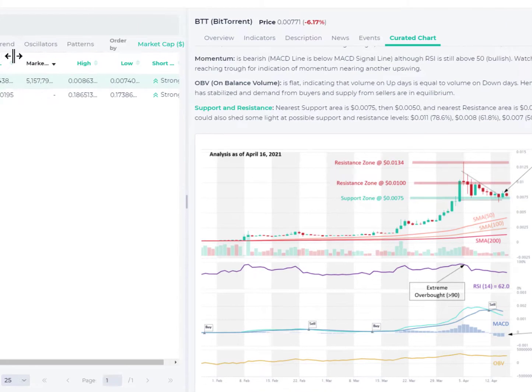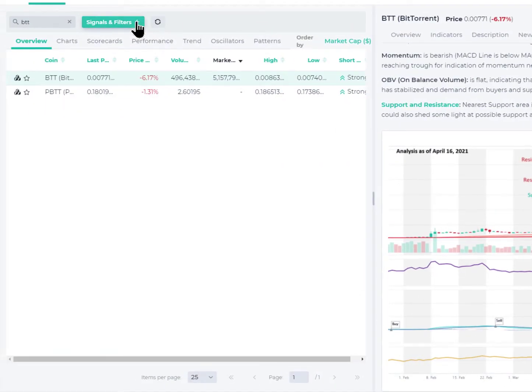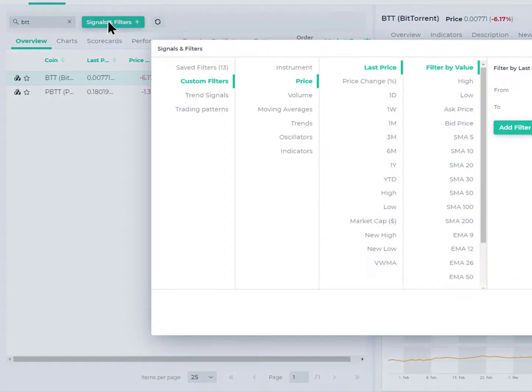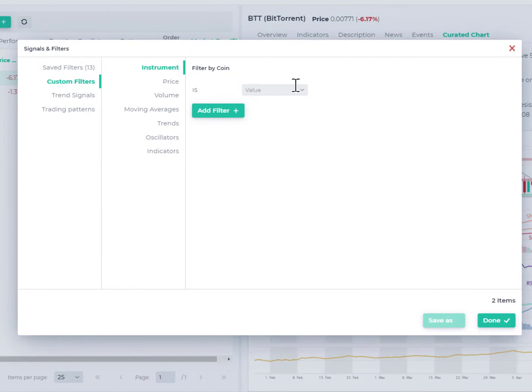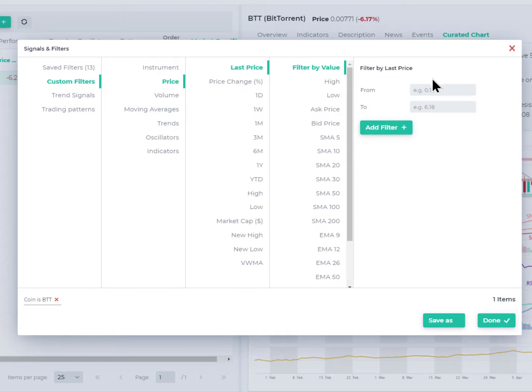And I'm going to set an alert so the system alerts me when the price dips to that support zone or breaks through that resistance zone. Those are my trade trigger alerts. So click on the signal and filters. We want the instrument to be BTT, Bittorrent. Add that to my filter. Then I want to be alerted if the price goes through the resistance, in this case 1 cent or 1 penny.